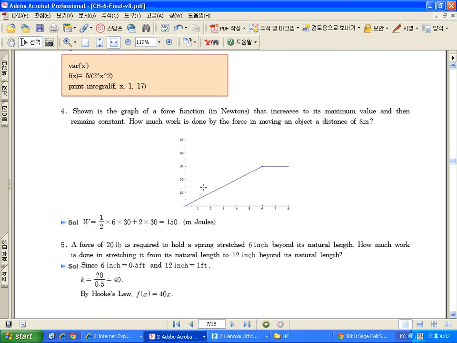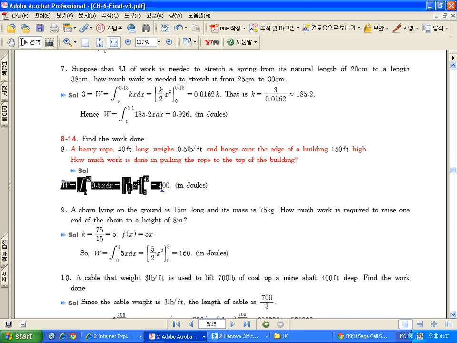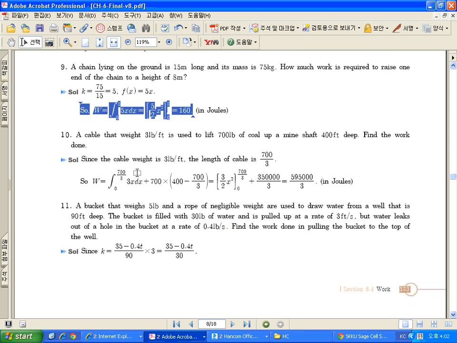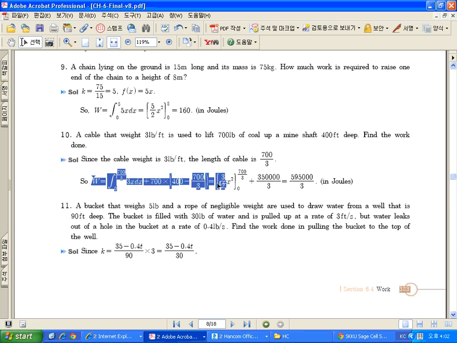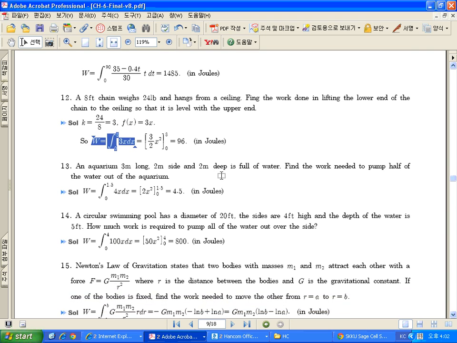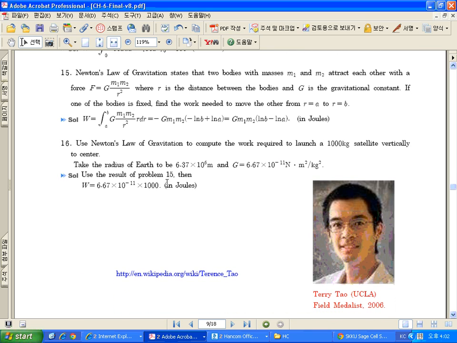You can use the Sage command that you have seen to do all the computations here. So all you have to do is set up the mathematical equations from the given conditions. Okay.